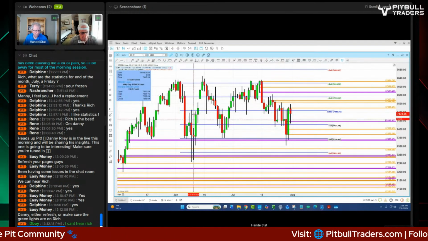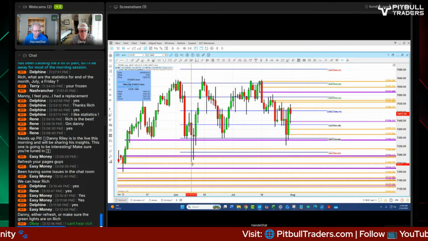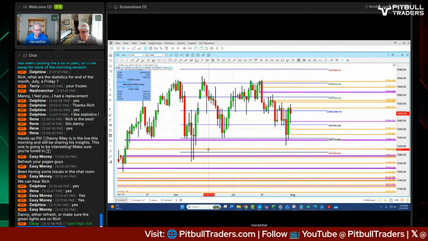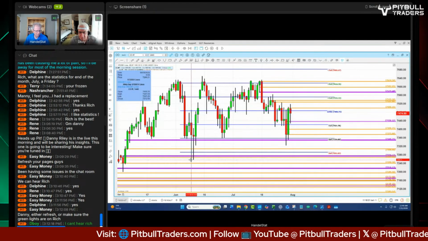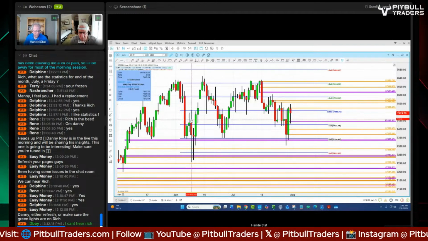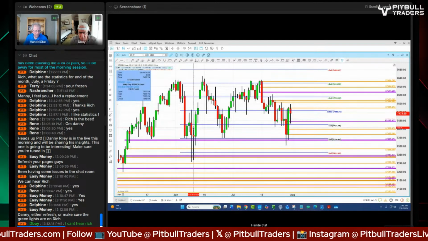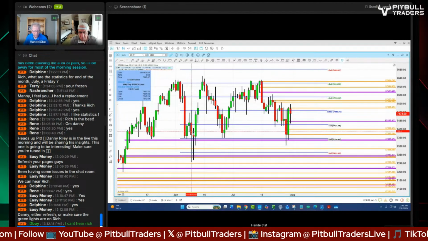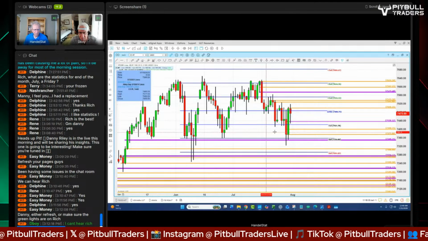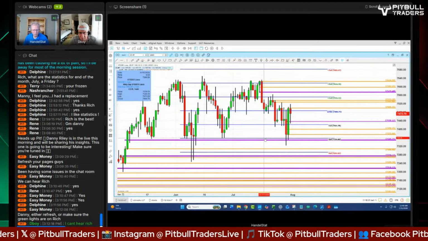People that do midpoints of ranges, you can't do that, because these tails represent total rejection. In this case, the buyers completely rejected what the sellers tried to do, and here the sellers rejected what the buyers tried to do. They pushed it around here, and this is kind of where they met for a good period of time.